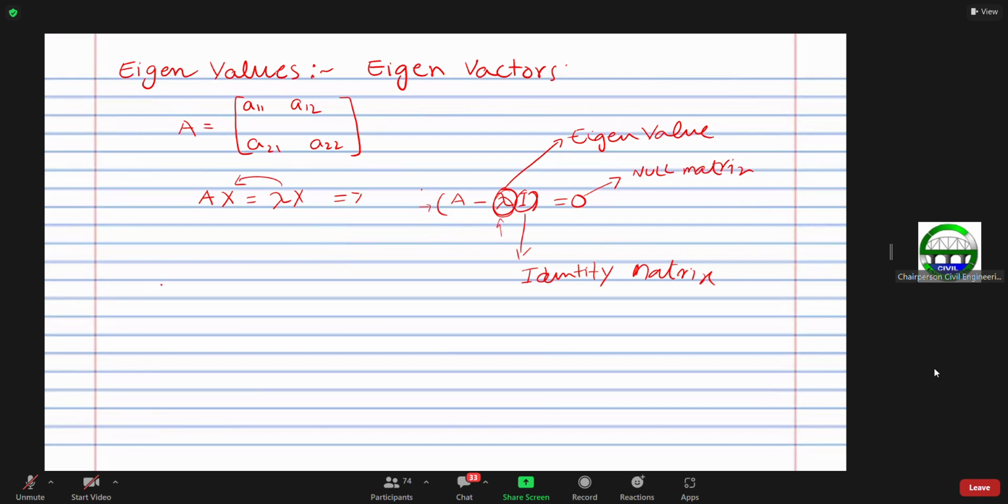For example, we will have lambda 1, lambda 2. So our equations will be A minus lambda 1 I is equal to 0, and then A minus lambda 2 I is equal to 0, right? We will have two lambda values, and for each eigenvalue there will be an individual eigen matrix.